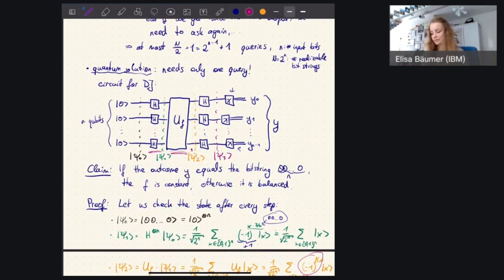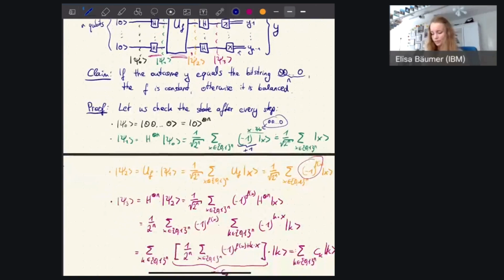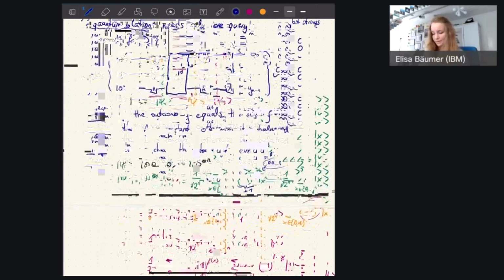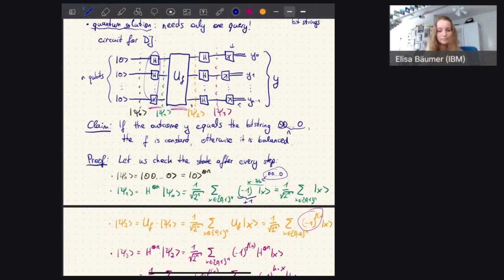Yeah, so one thing that I still thought, my impression when I learned about this algorithm, is that I'm still applying the oracle to all the different qubits. So I'm preparing a superposition of 2 to the n different bit strings, and then I'm applying the oracle to all of them.